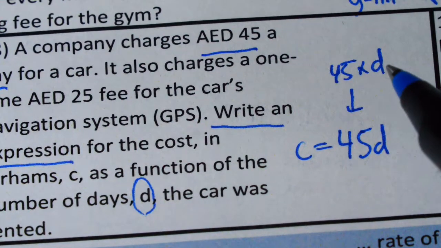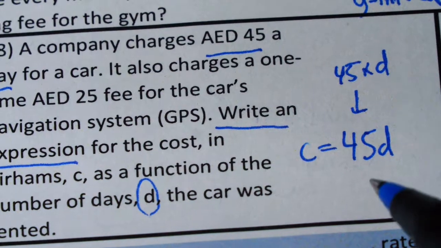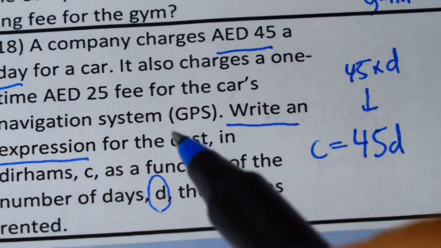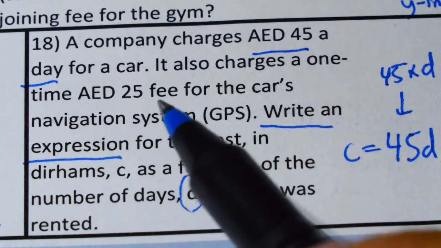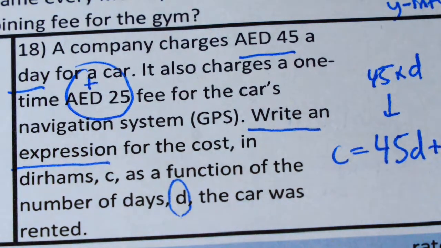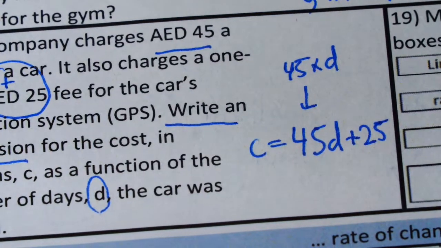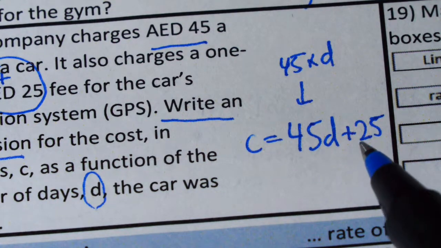Okay, if it's 1 day, 45 dirhams times 1. If it's 2 days, 45 dirhams times 2. Okay, so 45D. It also charges a one-time 25 dirham fee, so plus 25. And that's our answer. See, the cost is equal to 45D plus 25.